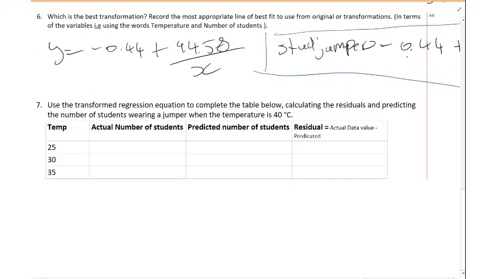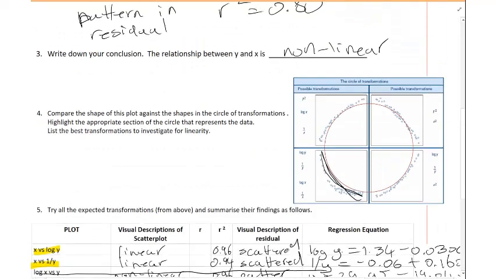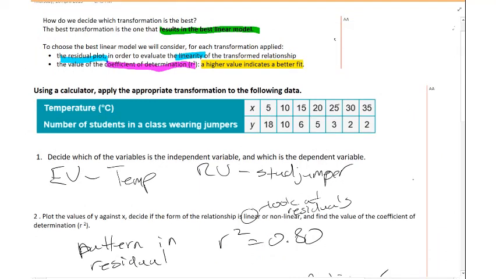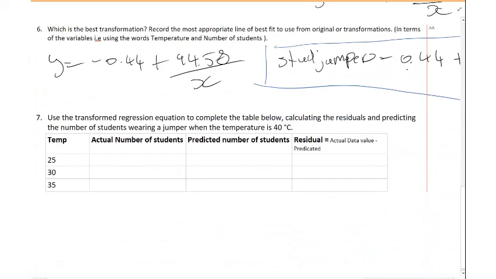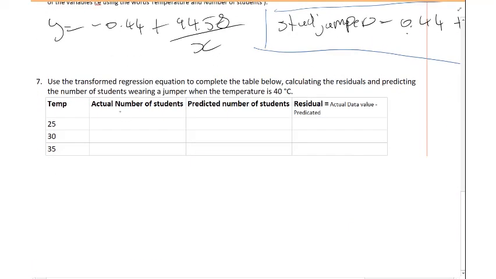And what you might need to do at this point is, with the actual number of students, actually calculate a residual. So in this case, I go 25 degrees, I look at the actual number for 25, the number of students wearing was 3. So I put here 3.